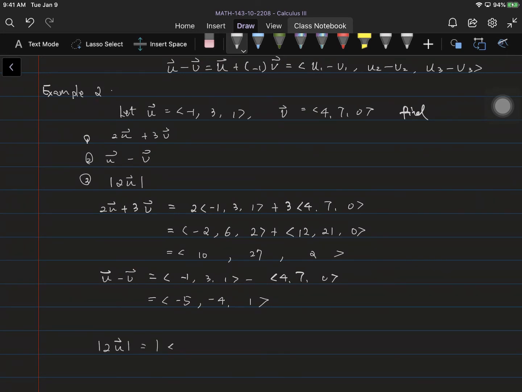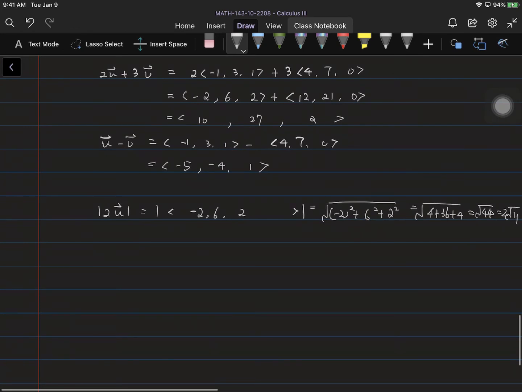So we are going to find the 2u vector. So 2u should be -2, 6, and 2. Is that right? 2 times the u. And now take the length of this one, so root of each square. -2 squared, 6 squared, 2 squared, which is root of 4 plus 36 plus 4. So which is root of 44. If you want to simplify, 2 root of 11. Okay.